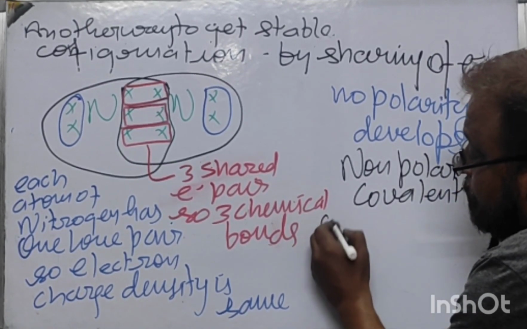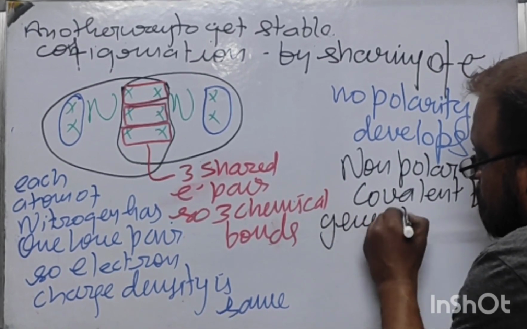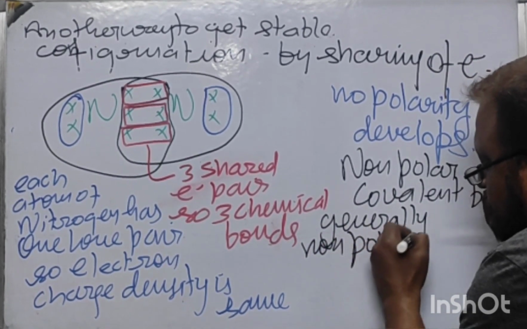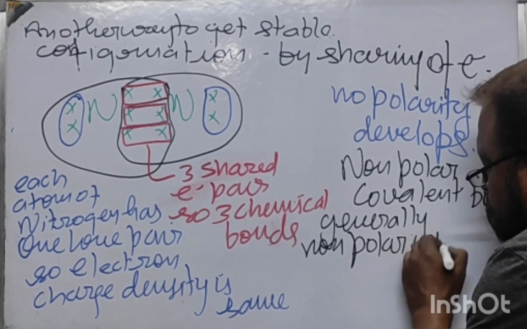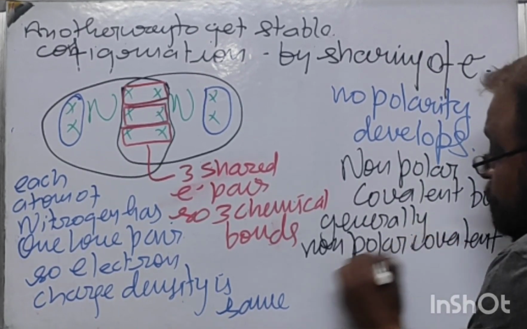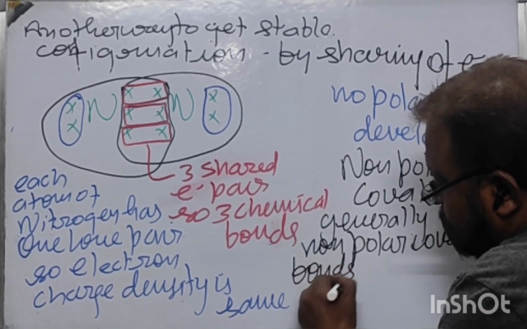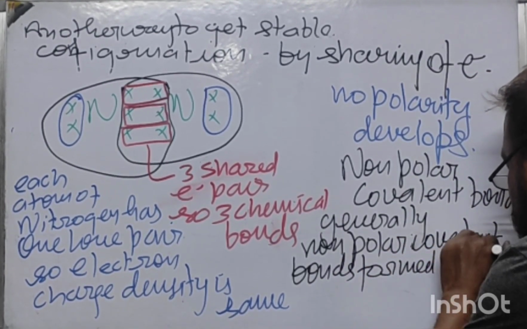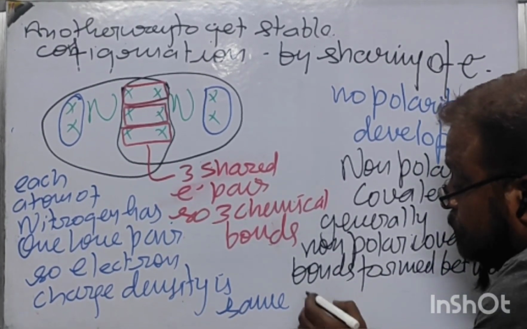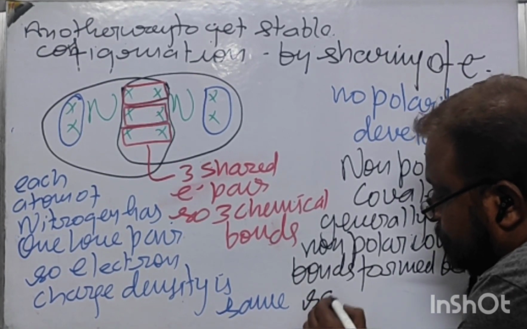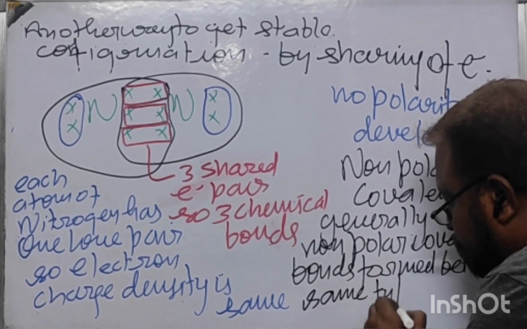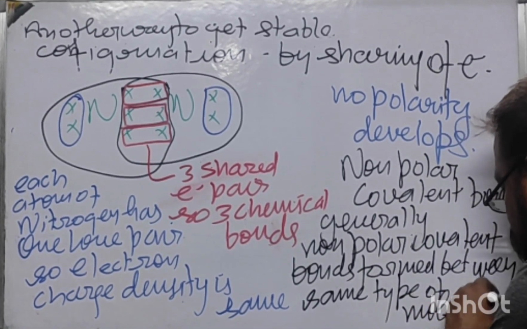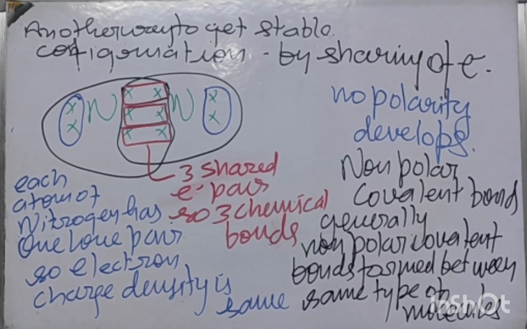So generally, non-polar covalent bonds are formed between the same type of atoms. Getting it?